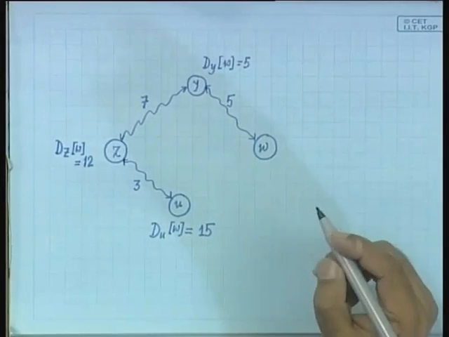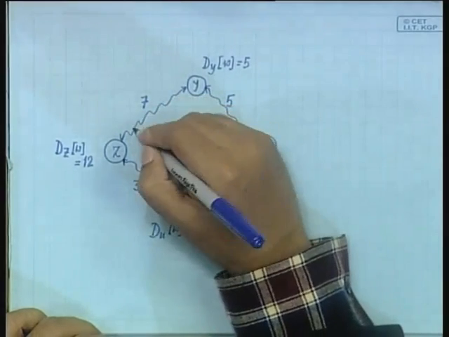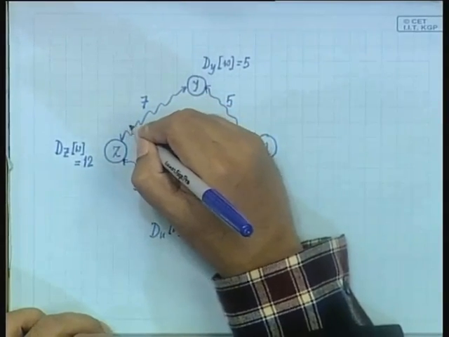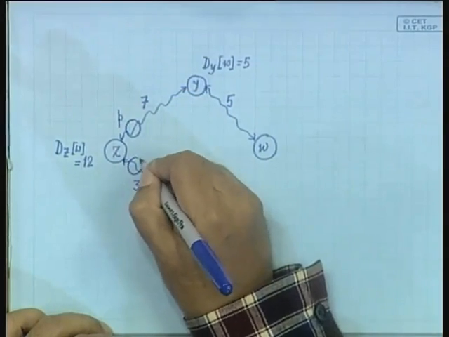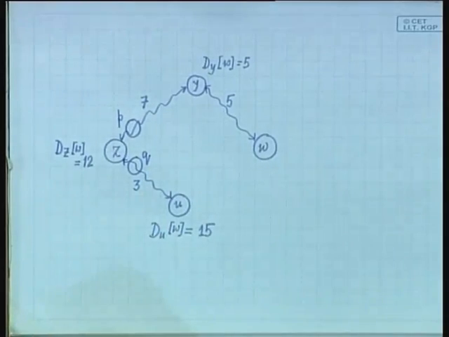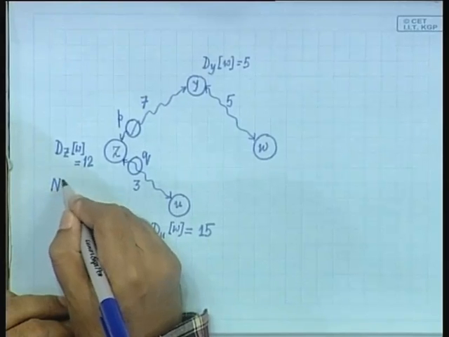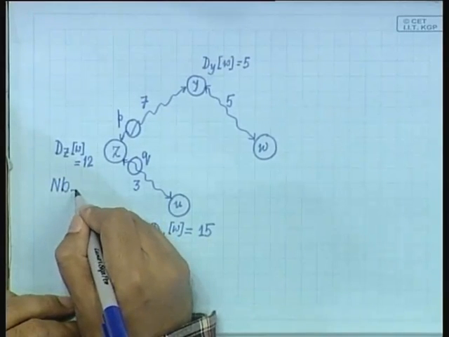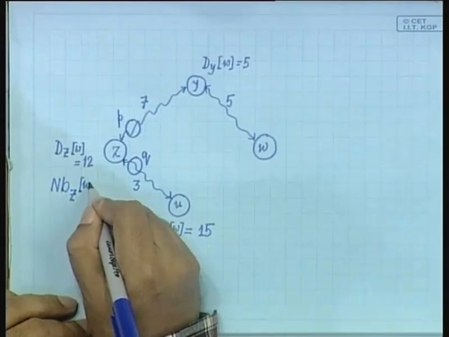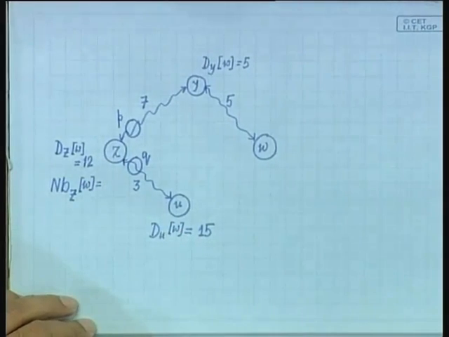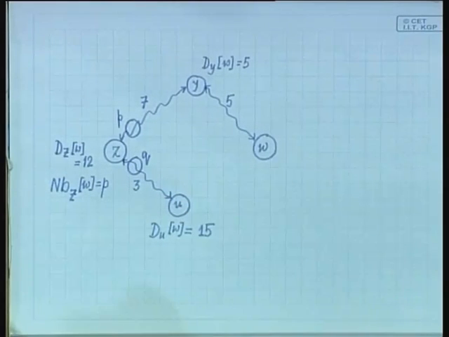Now let me draw the neighbors of this. Let us say that this has neighbor P on this path and neighbor Q on this path, okay. So currently what is NB Z W? P, okay.